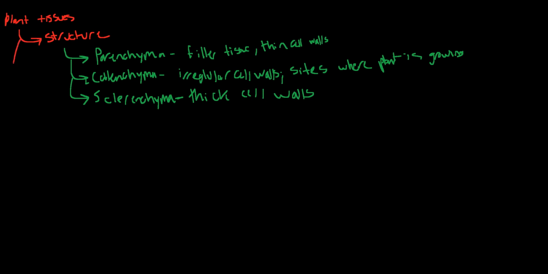So now we've talked about these. Now we can talk about vascular tissue. Here we have two types of vascular tissue.